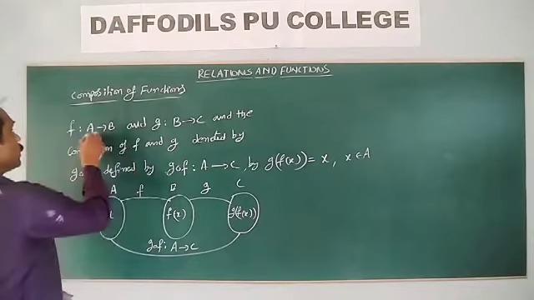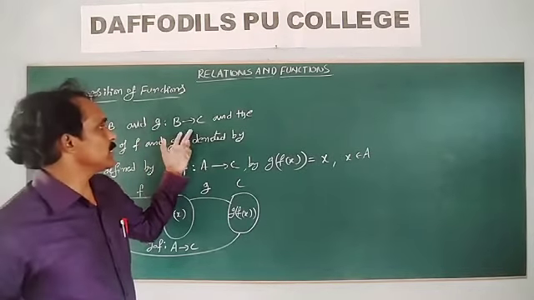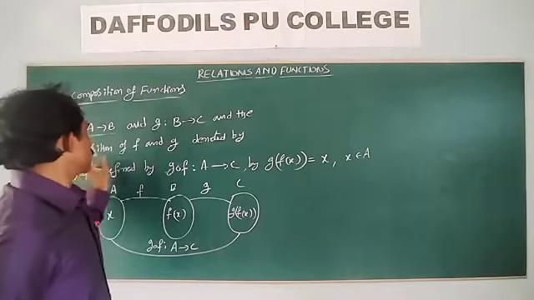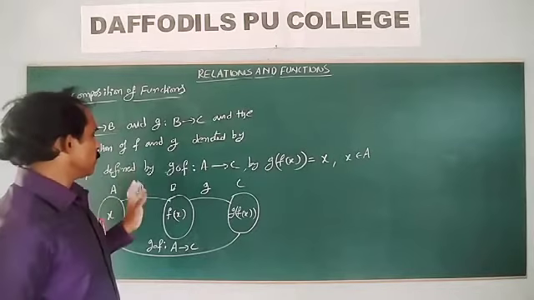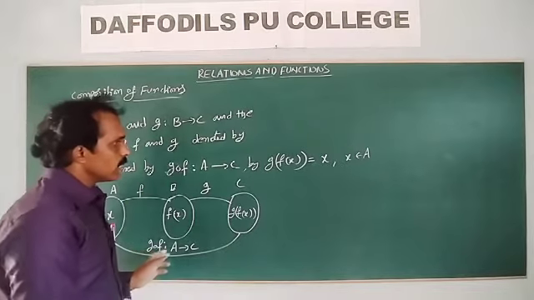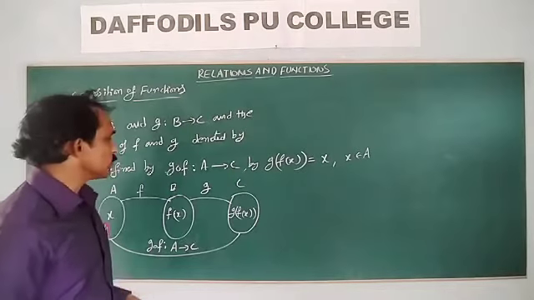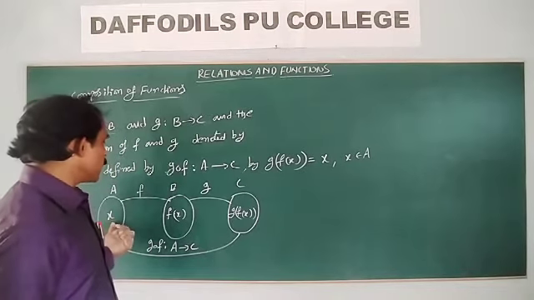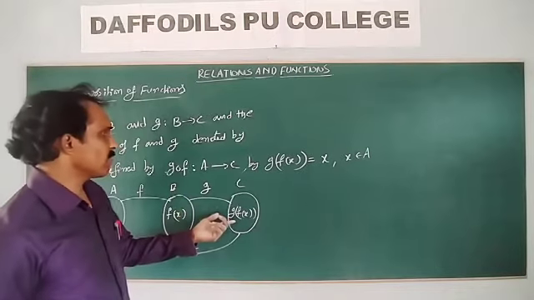f maps A to B, one function, and g maps B to C, another function, and the composition of f and g is denoted by g circle f, defined from A to C. Therefore, take an element x in A, f of x is an element of B, and then g of f of x.